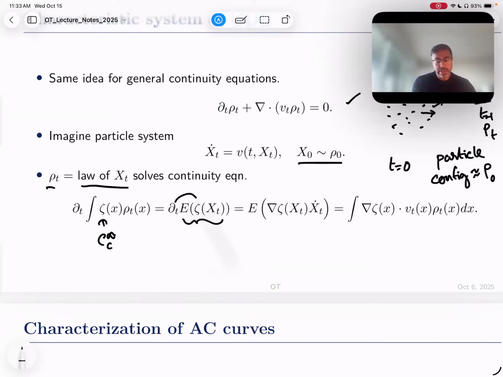Now, when I take this time derivative inside, then by chain rule, I get the gradient of zeta of x t and then x dot t. Well, what is x dot t? This is my velocity field v of t comma x t. And therefore, this is the integral of the L2 inner product of the gradient of zeta and v t of x with respect to rho t of x dx. And therefore, by my definition, it satisfies the continuity equation.